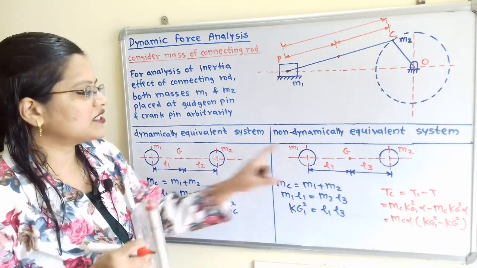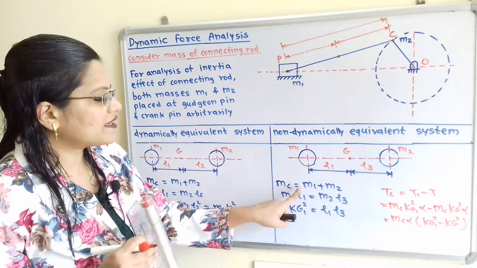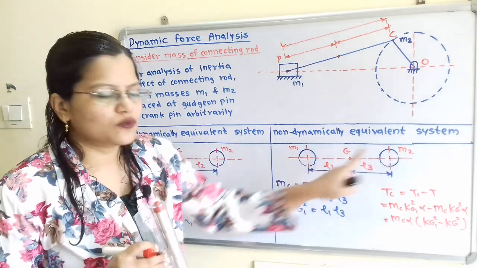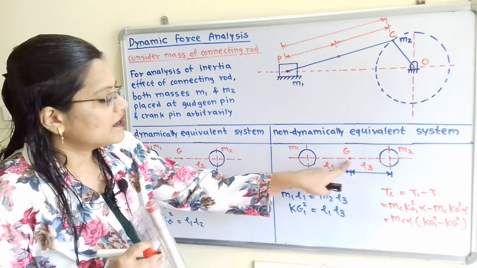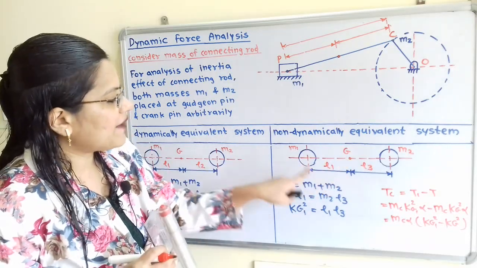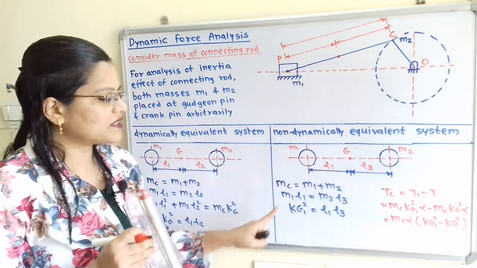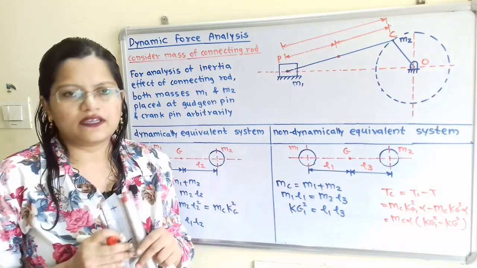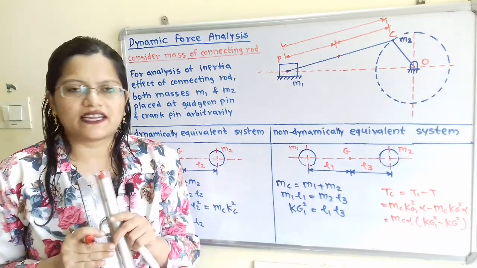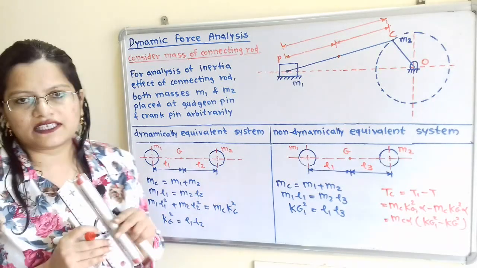Now which conditions are satisfied? For this system, the mass of connecting rod is equal to the addition of these two masses, that is M1 plus M2. Then the center of gravity of these two masses coincides with the center of gravity of this connecting rod. So we can say that M1 L1 is equal to M2 L3. So the first two conditions are satisfied, but the third condition is not getting satisfied.